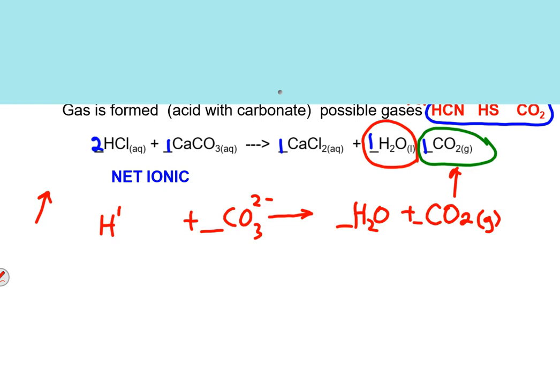We've got the hydrogen 1 plus, and we're going to have the hydroxide 1 minus. And so let's see what we have. How many hydrogens over here? 2. Okay, that balances this. And how many hydroxides? 1.